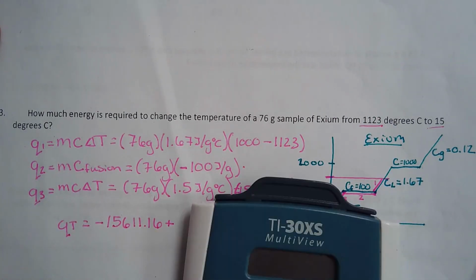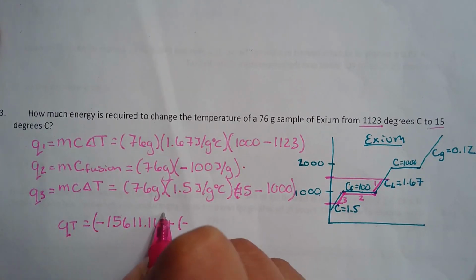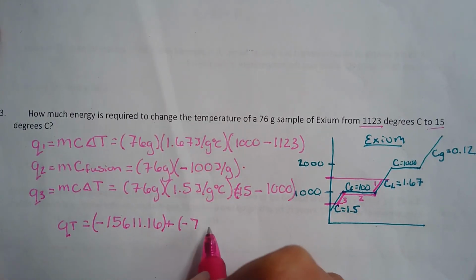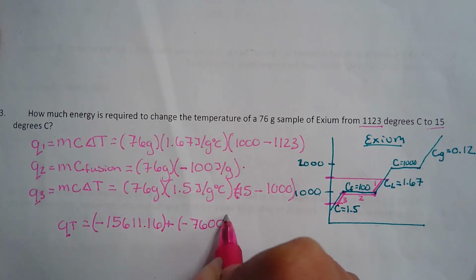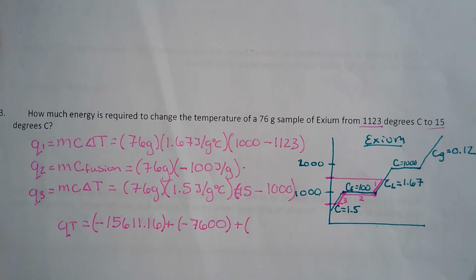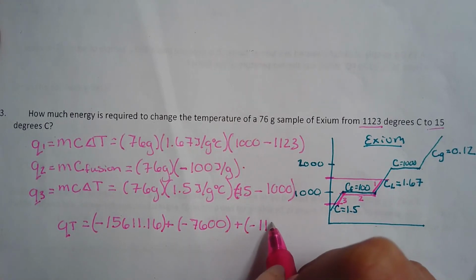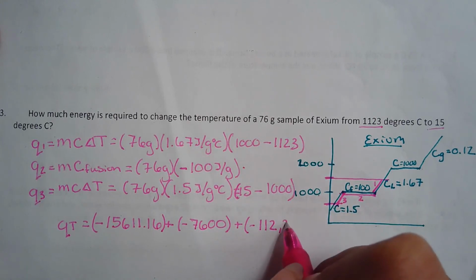Our Q2 is 76 times negative 100, which is negative 7,600, plus our Q3, which is 76 times 1.5 times 15 minus 1,000, which gives us negative 112,290.